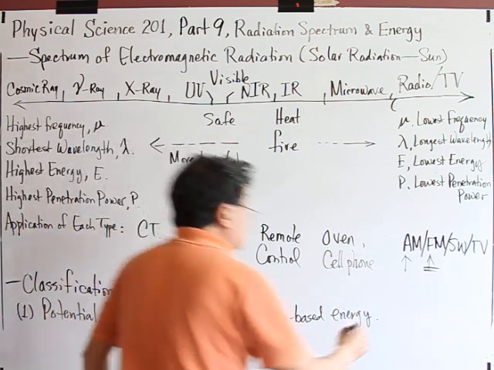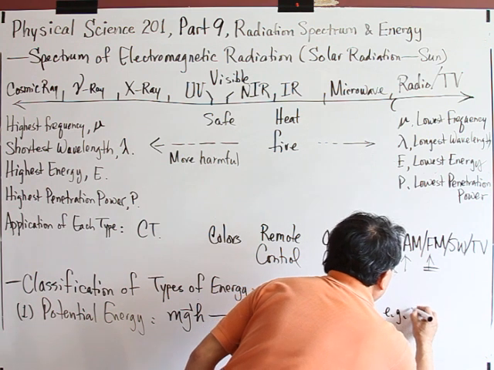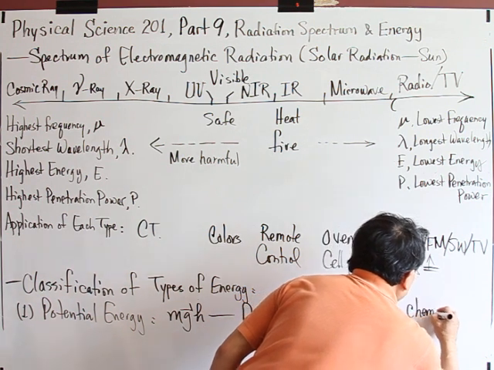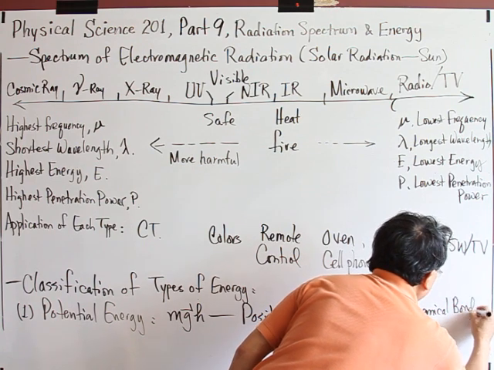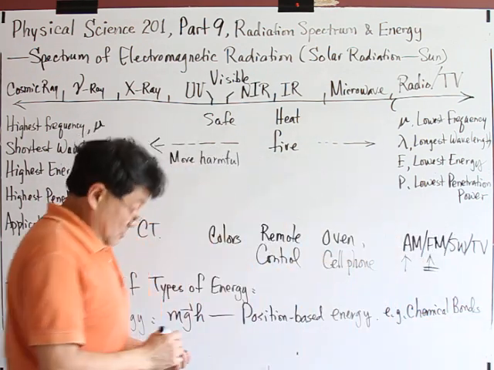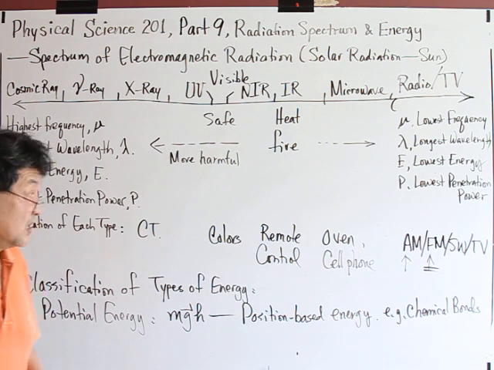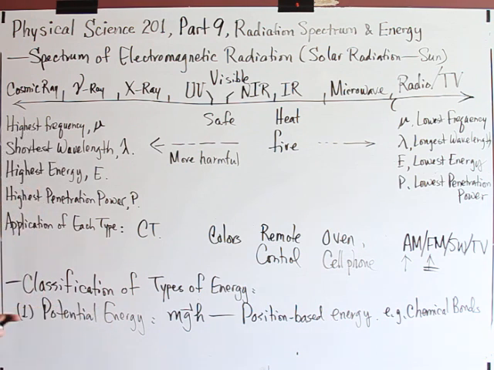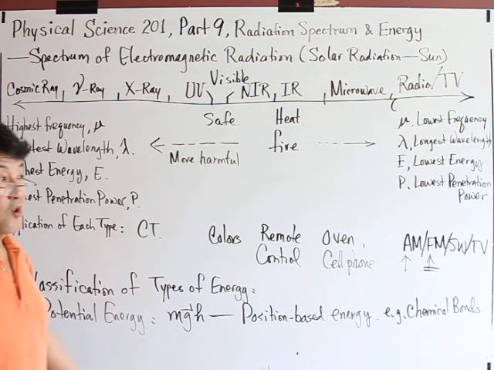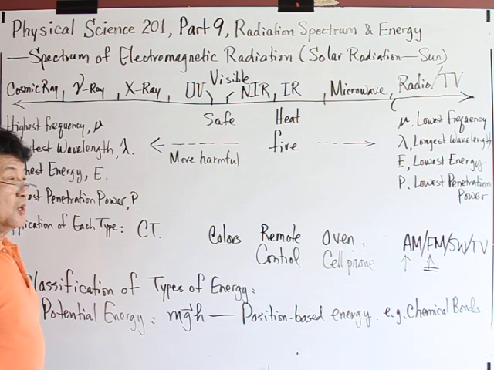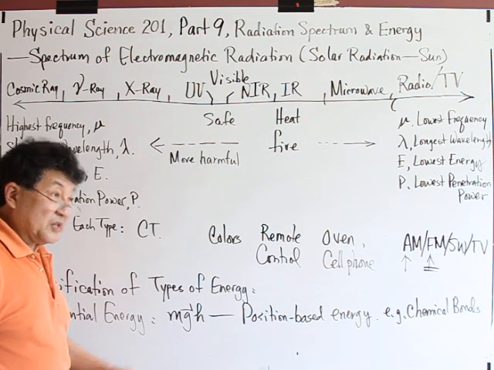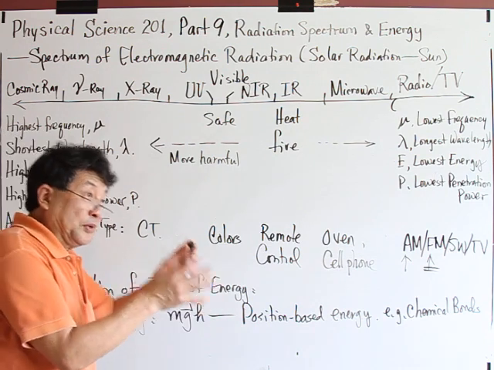Example: chemical bonds in the molecules or formula possess potential energy because of the position, the angle, the length of the bond, and the shape of the molecule, representing a certain amount of potential energy.